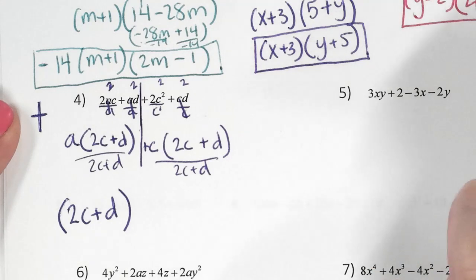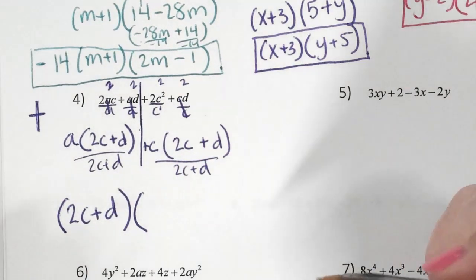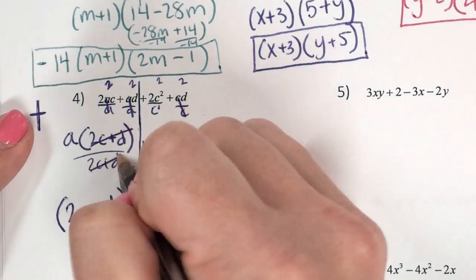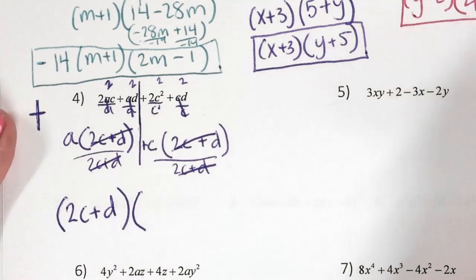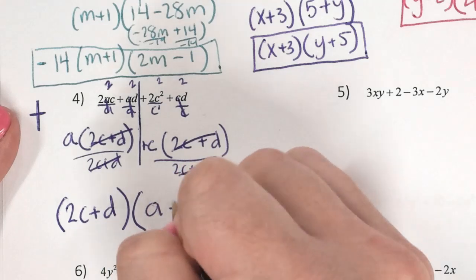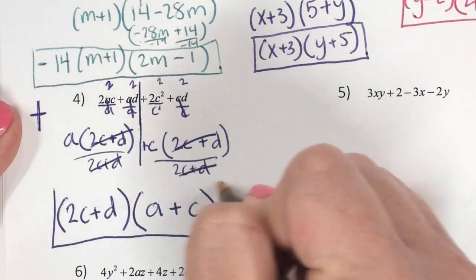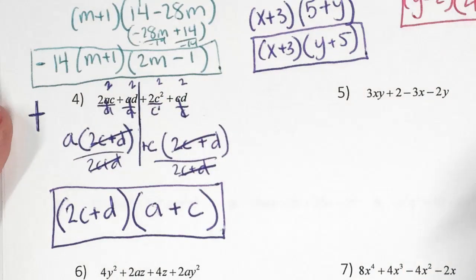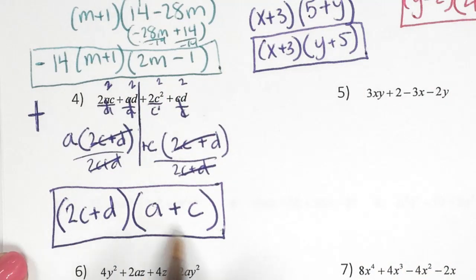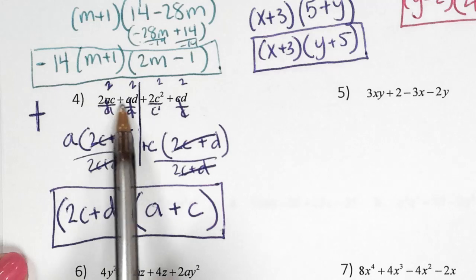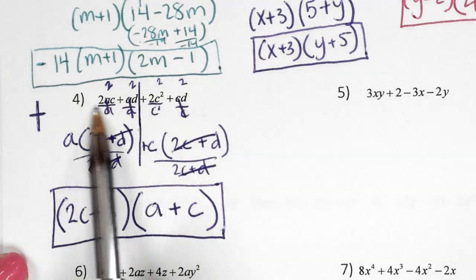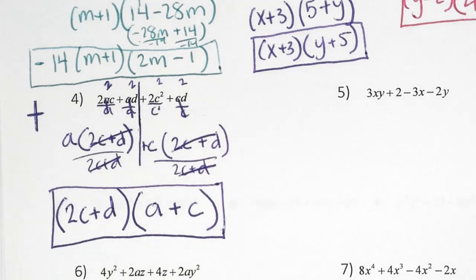I'm showing you because I want you to understand why we set it up as multiplication, because this is still equal. So this cancels, what do I have left? A plus C. There's my answer. So those are my factors. So if I multiplied this, if I double distributed, guess what it's going to equal? What was given to me to begin with. Okay?